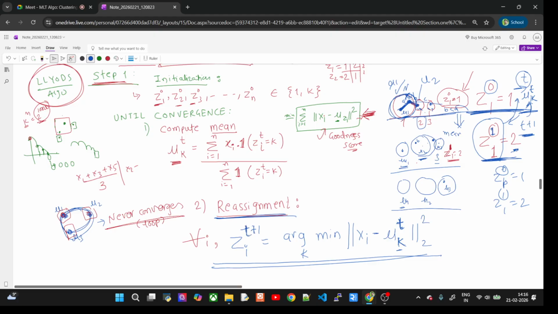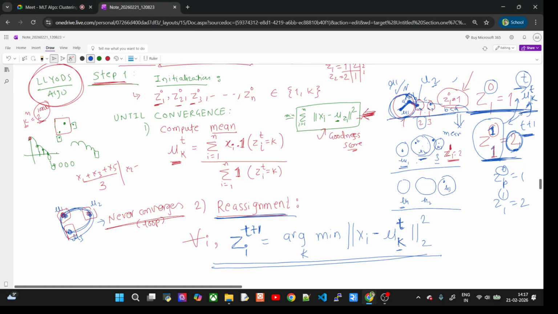That's why you see t plus 1, which is your current iteration. This is the cluster indicator, because here z1 of 1 is now 2. This cluster indicator depends upon the mean of your earlier cluster indicator, so its mean is mu t, not t plus 1.